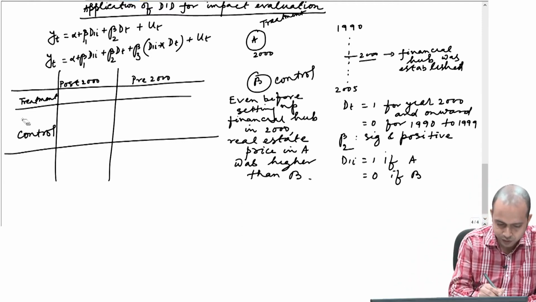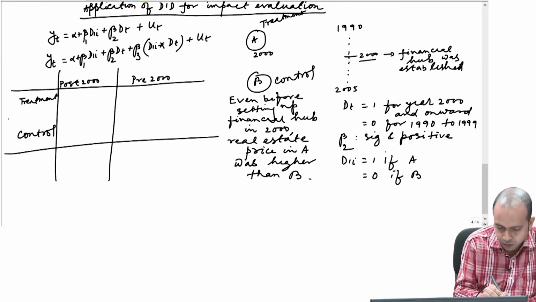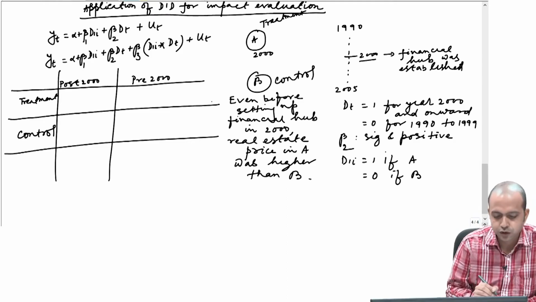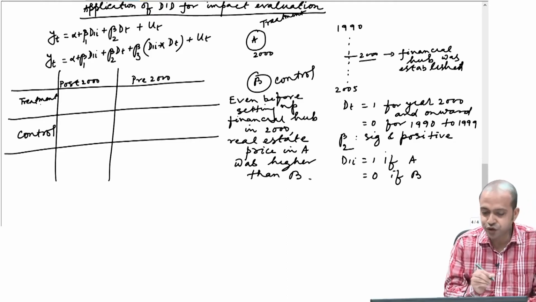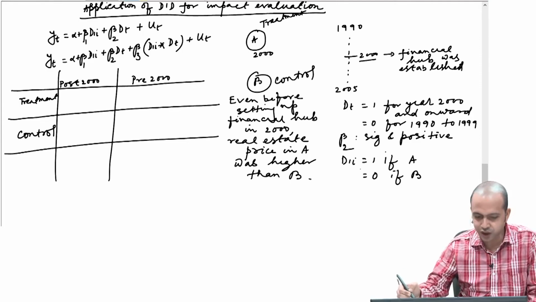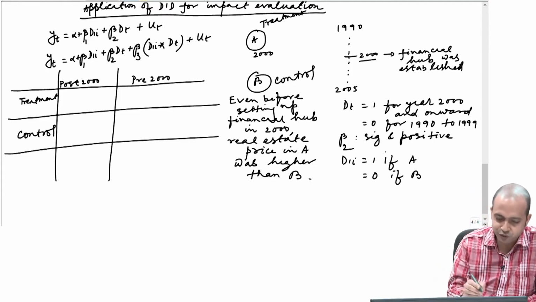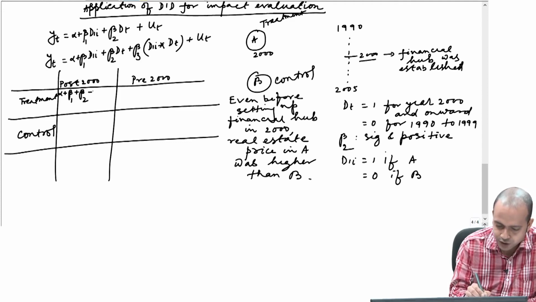Now 2000 onwards, for the treatment group you will have d1i equals 1 and dt is also 1. So, when you put both 1 and 1, this would become alpha plus beta 1 plus beta 2 plus beta 3.